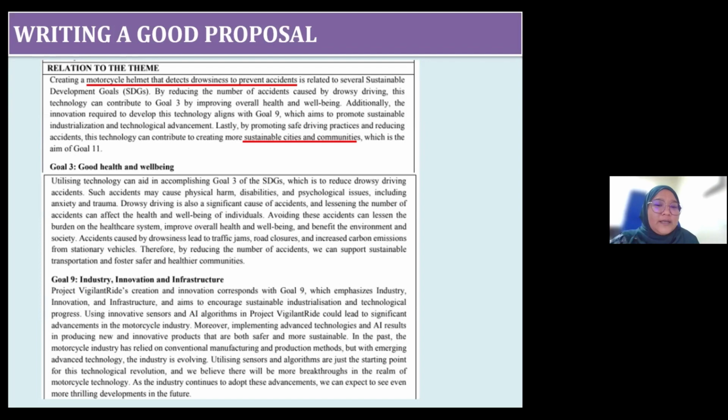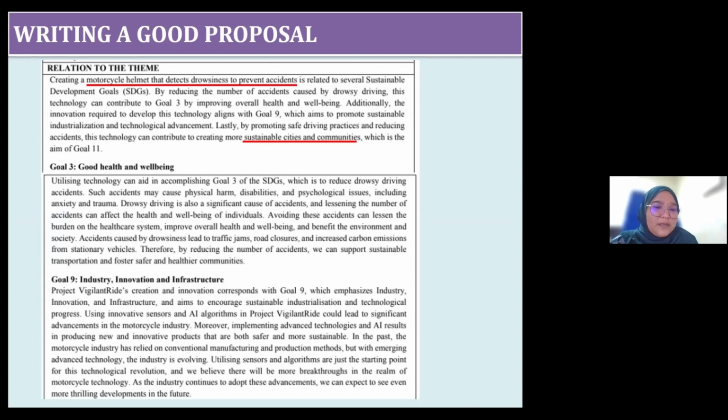Looking at good health and well-being, they say they're utilizing the technology for goal number 3 of the SDG, which is to reduce drowsiness during driving so it can avoid some accidents. Because an accident may cause physical harm or disability, it relates to goal number 3, good health and well-being.